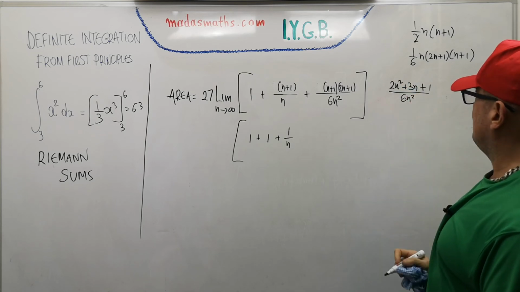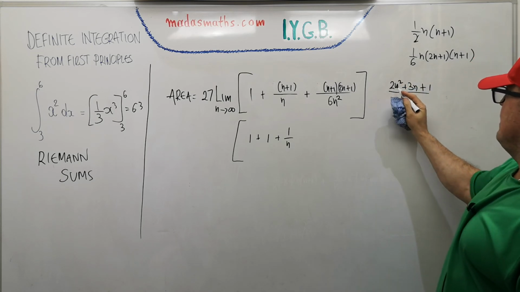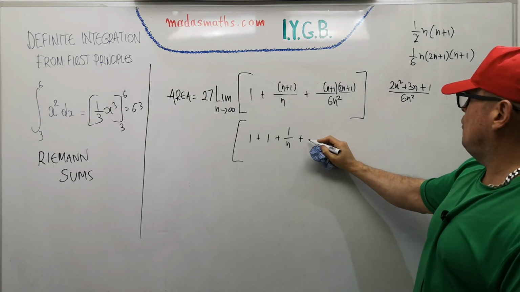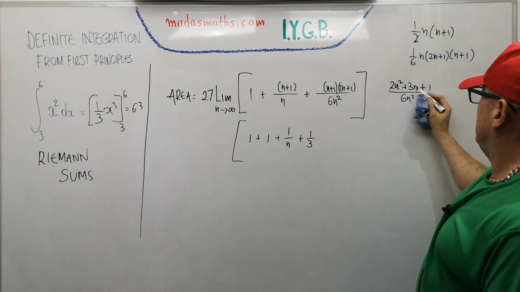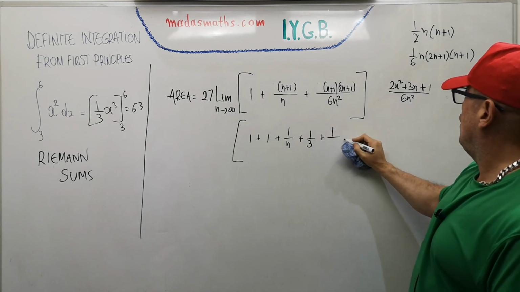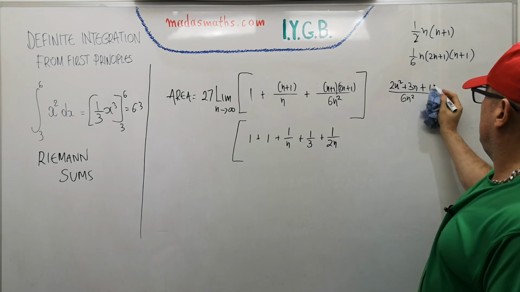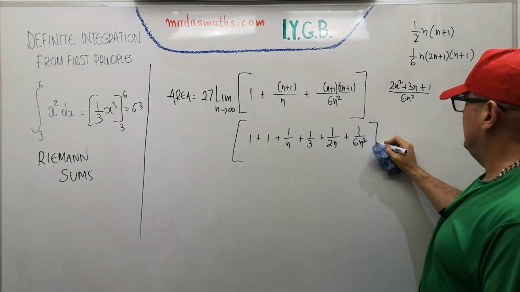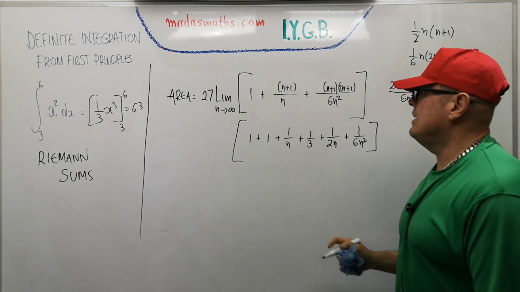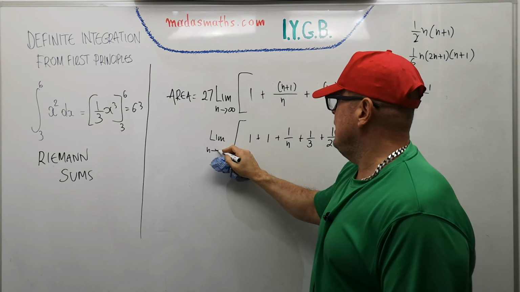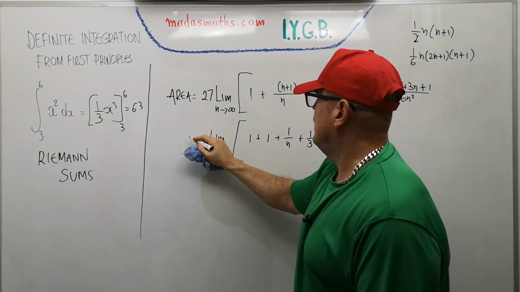So if I split this fraction now, again in exactly the same way, 2n squared over 6n squared is going to be, first of all, 1/3. 3n over 6n is going to be 1 over 2n, and lastly plus 1 over 6n squared. I hope I haven't made any mistakes there. And we are almost at the end, and let's hope we're going to get the right answer.